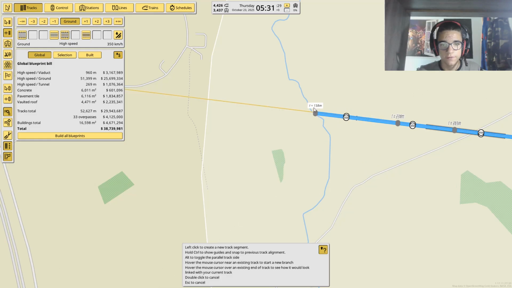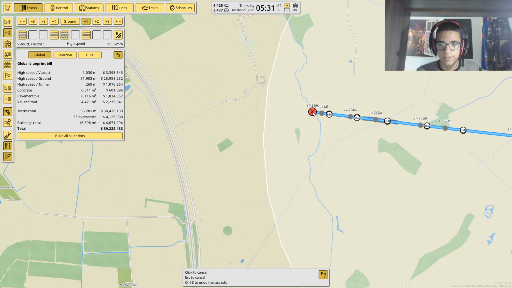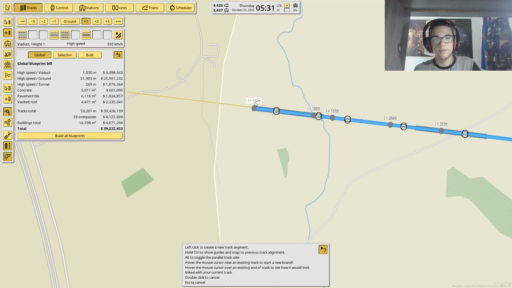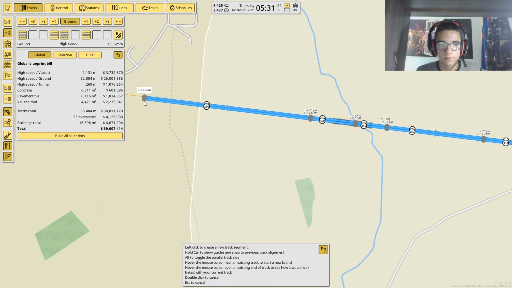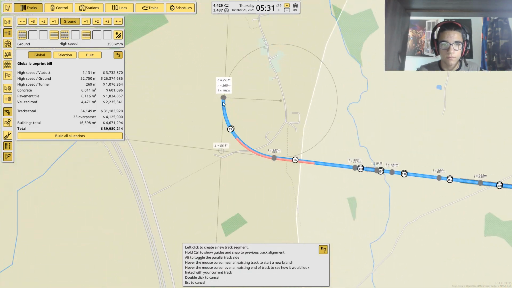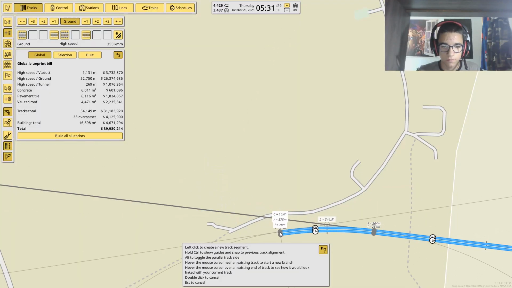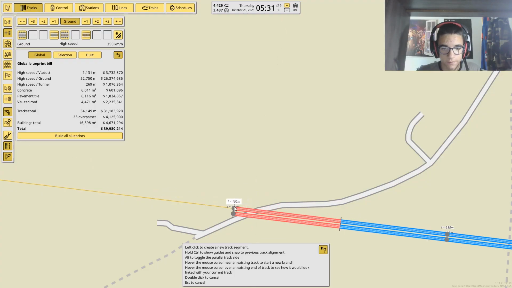I might have to use this. I might have to use that bit here. Let's use this to kind of keep it straight. That should probably be a viaduct, I would believe, maybe.